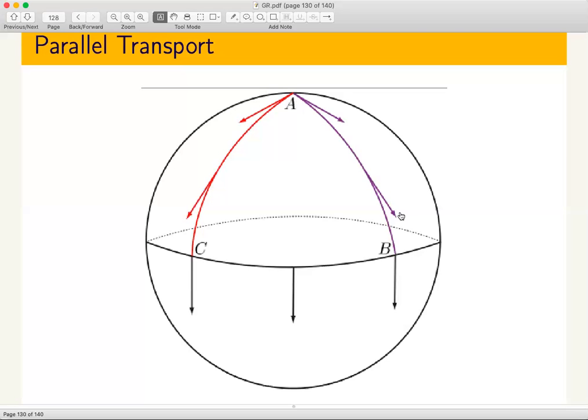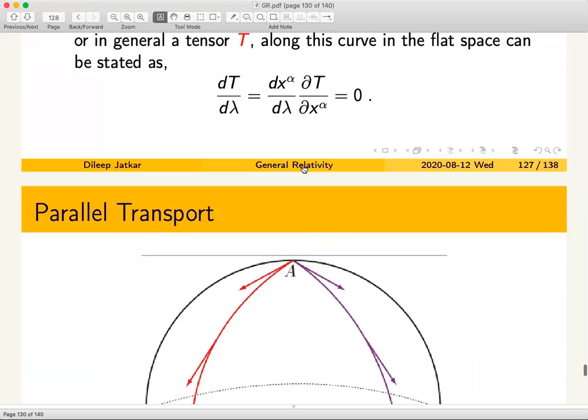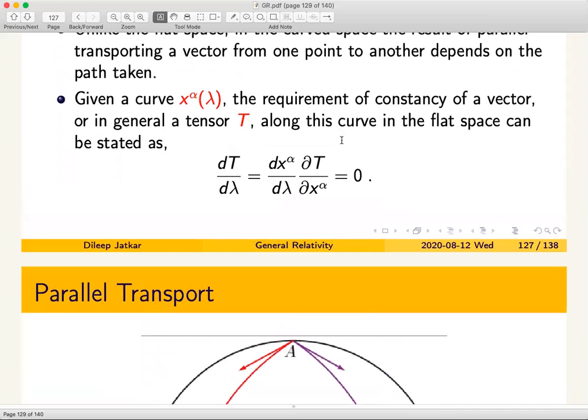In this particular case, we show that they are parallel, but it's not necessary that for every choice of path and choice of initial vectors, the answer would always give you that they are parallel. Definitely not true.